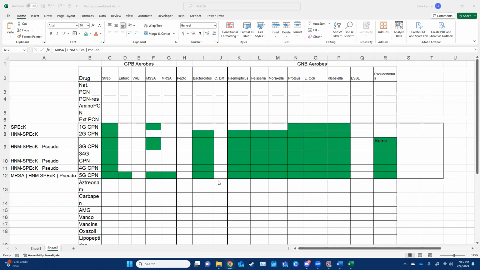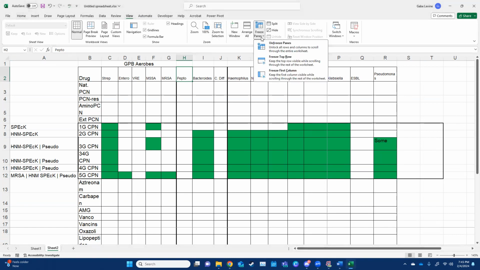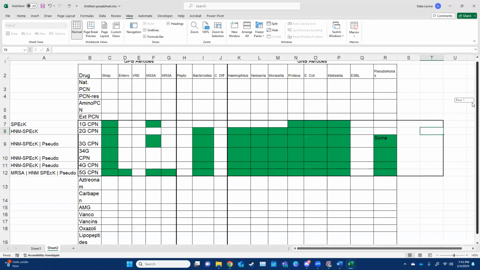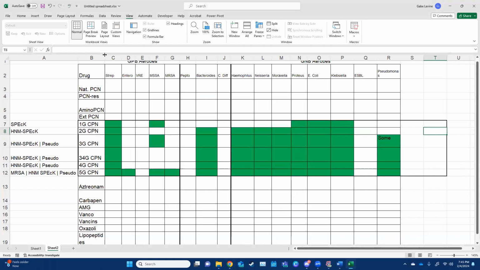All right. Aztreonam. Yeah, this view is really bad. Aztreonam. Does Aztreonam have any gram positive coverage? Would it work on anything gram positive? Answer is no gram positive coverage.